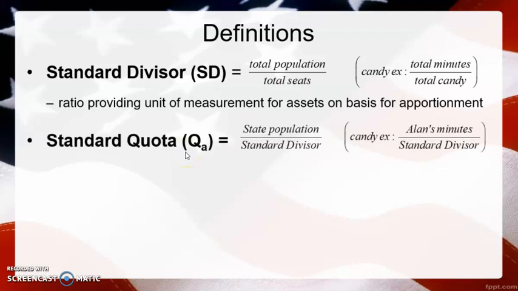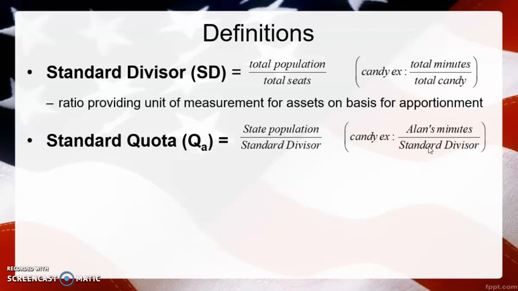So then we're going to use that standard divisor to find the standard quota for each state. And that is going to be different depending on the state's population. So if we go back and look at the first student, we take the number of minutes that Alan spent and we divide by our standard divisor. And that is another way of doing the same thing that we were doing with our proportion.